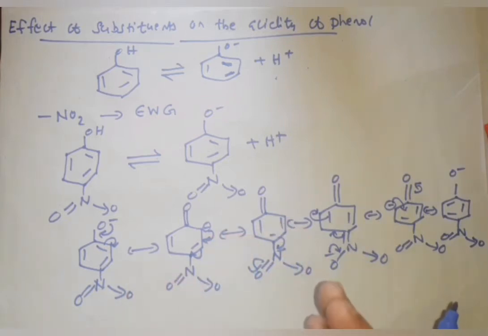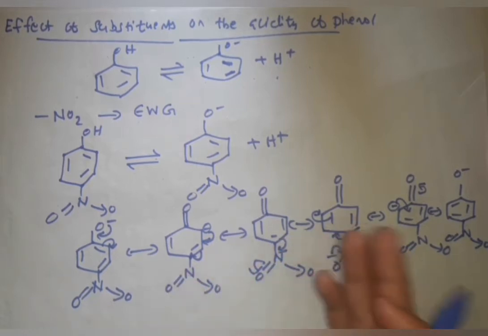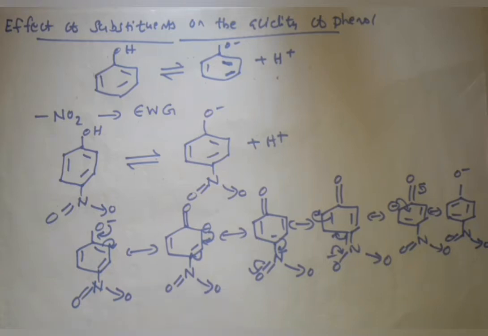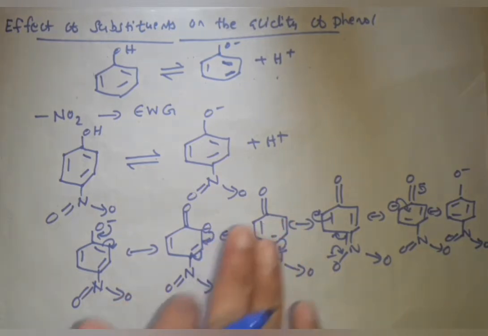Para-nitrophenoxide ion is more resonance stabilized than phenoxide ion. That is why para-nitrophenol is more acidic than phenol.